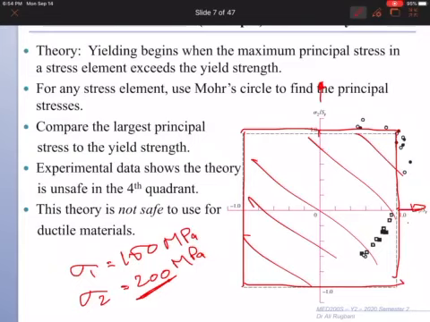If my stress is outside the box, that means my stress is larger than strength, and then we expect failure. This simple check is not valid, especially in this quadrant where we have positive stress and negative stress, or tension and compression. So we need a more accurate theory.